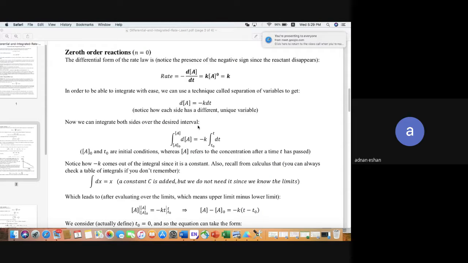The integrated rate law for zero order reaction. Sir, should I explain the whole part or just the integration part? The whole part from start to end.